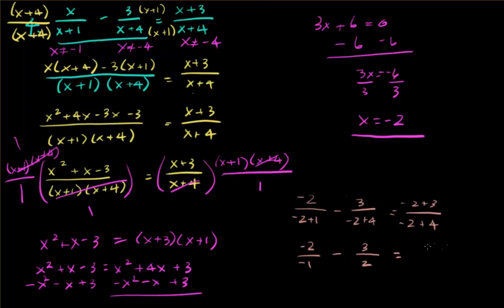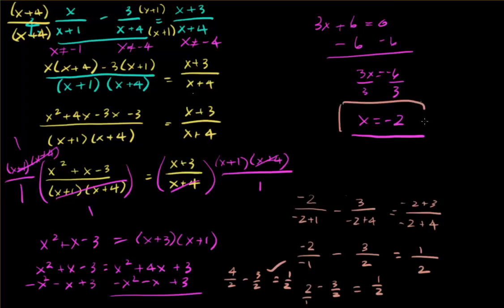This should equal 1 over 2. So 2 minus 3/2 should equal 1/2. And if I write this and multiply by 4, it's 4/2 minus 3/2 should equal 1/2, and it does equal 1/2. So that's my final answer.